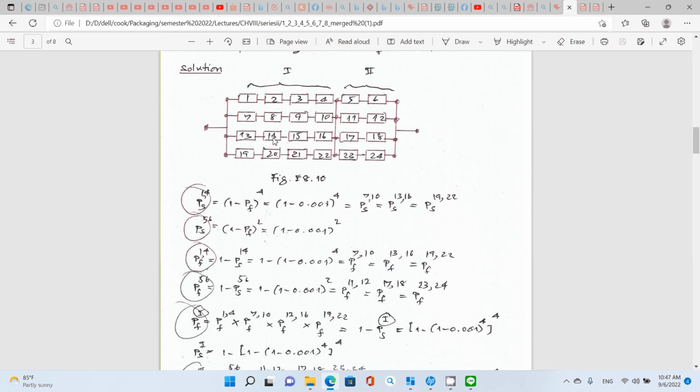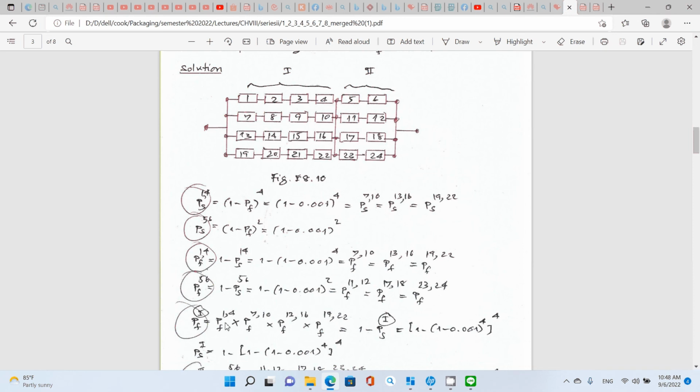Now for system 1, your PF is going to be equal to PF of 1 to 4 multiplied by PF of 7 to 10, also 13 to 16 and 19 to 22.